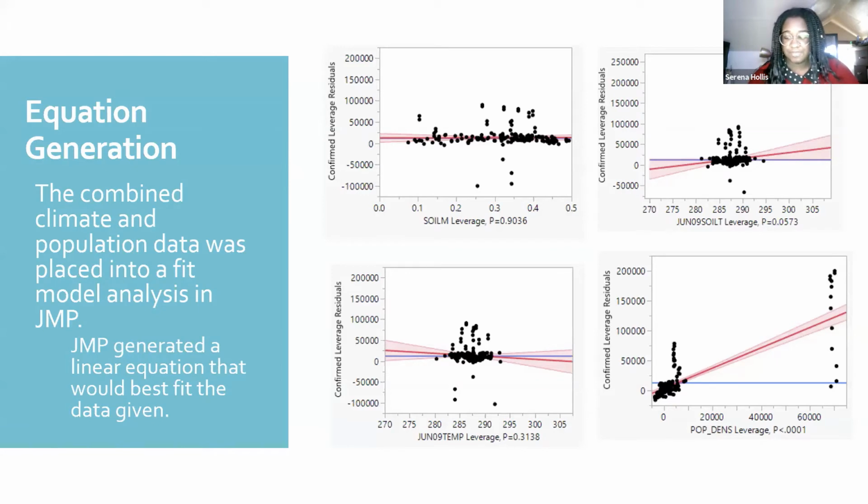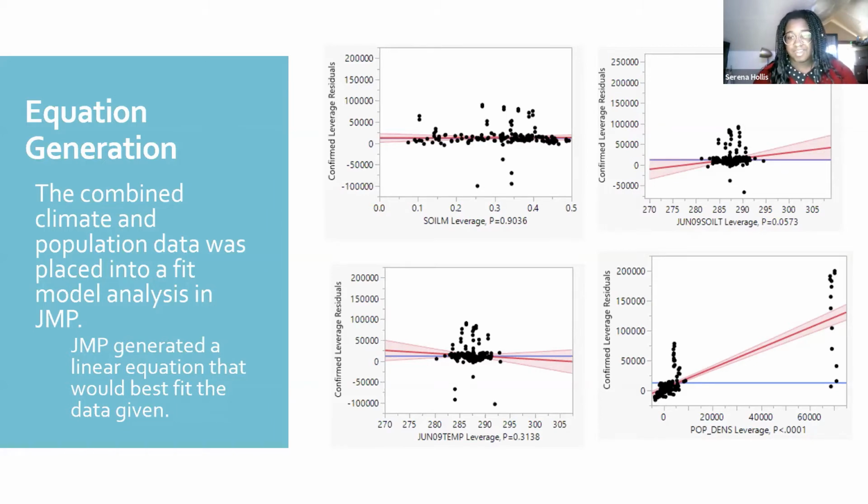So in order to create my prediction equation, I used a program called JMP, which is basically a statistics program. And then from there, I entered in my variables as well as my confirmed cases into a fit model analysis, which basically visualizes how the Y, which is my confirmed data, fits with the X, which is my 4 variables, as you can see on the screen, and see how well they fit together, as well as generating a prediction equation so that I could produce similar results.